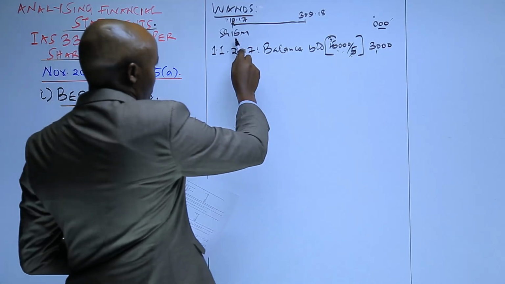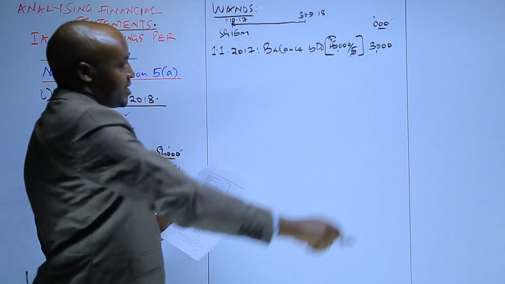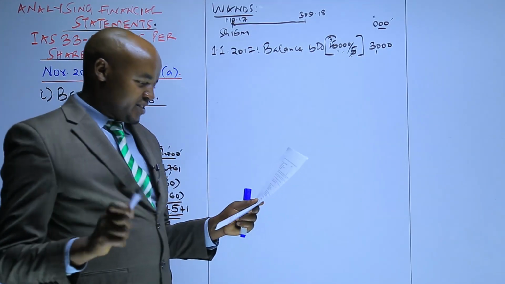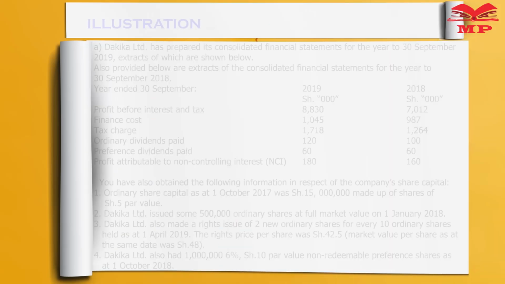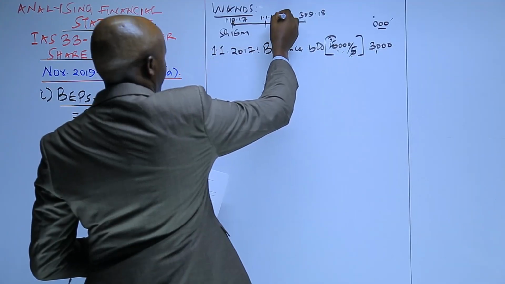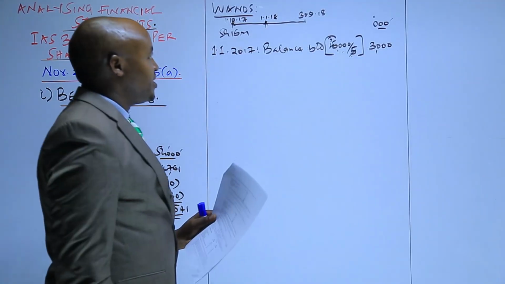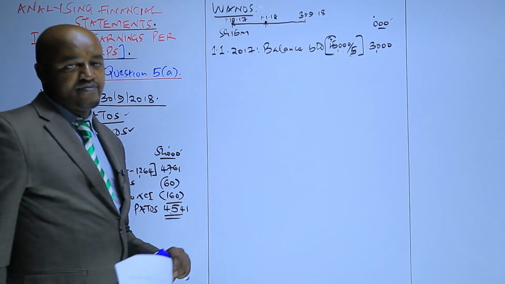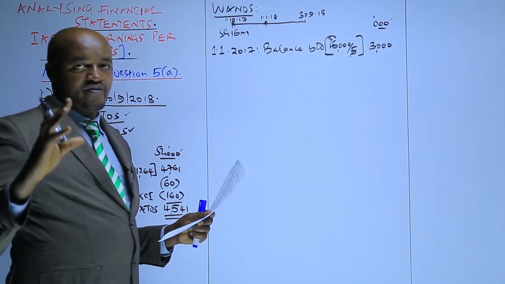Then what we have to do is we check whether during this year some shares were issued. So let's check the information given in note number 2. You're told Dakika Limited issued 500,000 shares at full market price on 1st of January 2018. So you can see 1st January 2018 is within the first year, because here we are given information about 2 years.